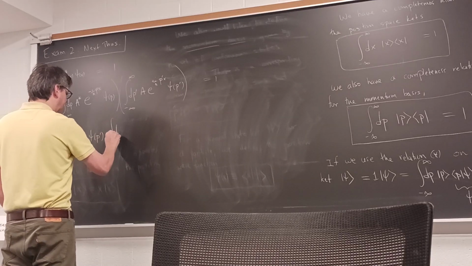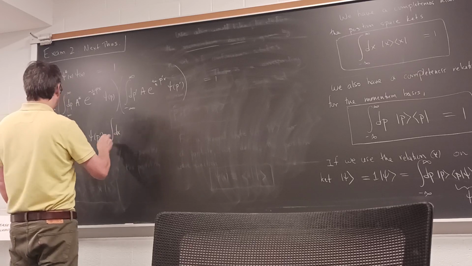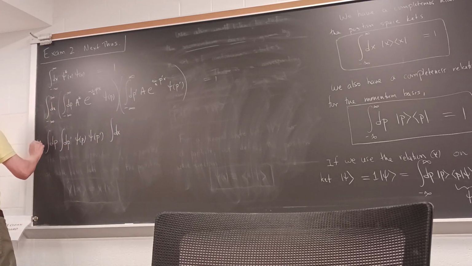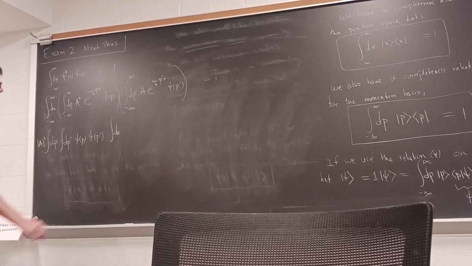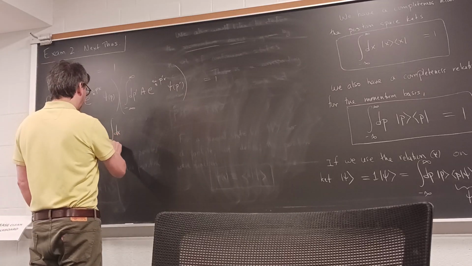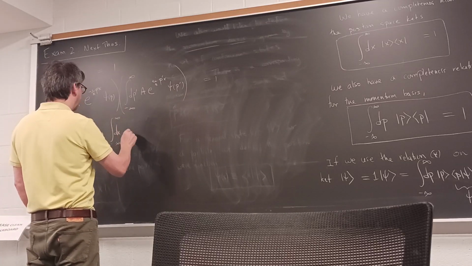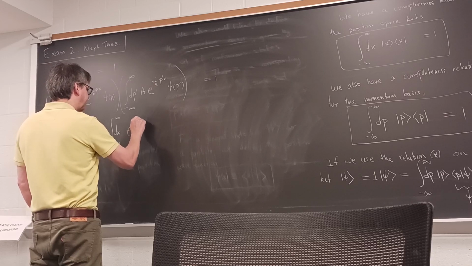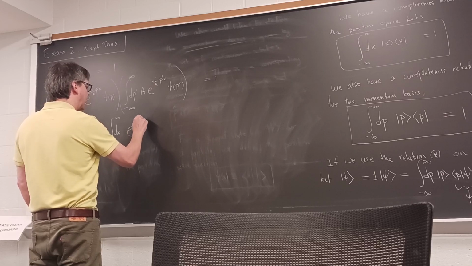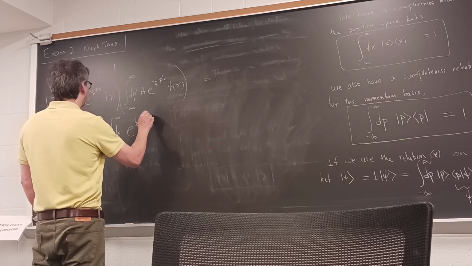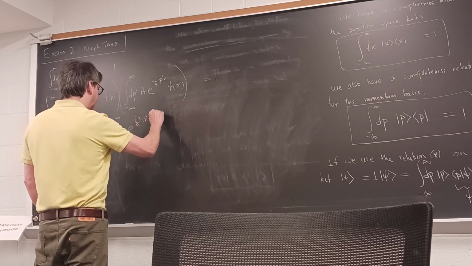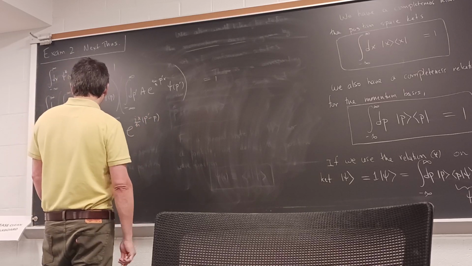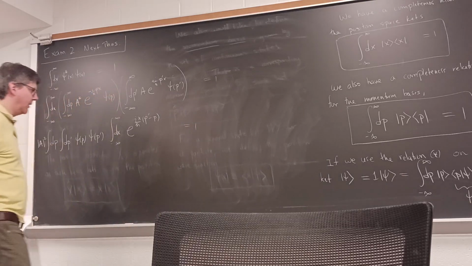And then we'll have an integral over dx. I can bring out my a's, and this will be the integral over dx of e to the i over h bar x (p prime minus p), and this has to equal 1.